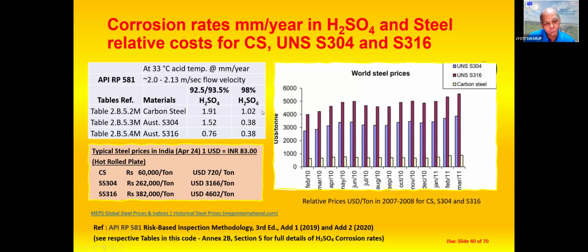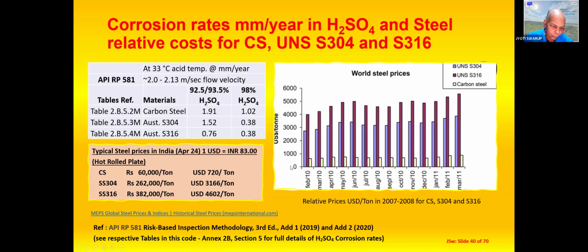So if you see here for carbon steel, if you're talking of say 98% H2SO4, 33 degrees, 1 millimeter per year. That means if you provide 6 millimeter corrosion allowance alone, your life of the tank is only 6 years, which is not what we are looking for. So we need a longer life, say 20, 30 years for the tank. Then suitable material has to be selected depending on the application.